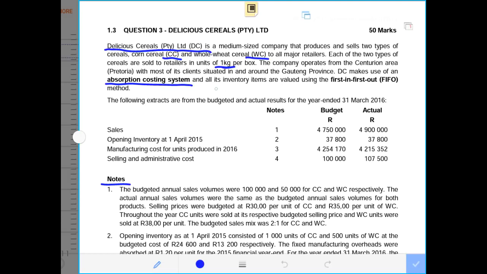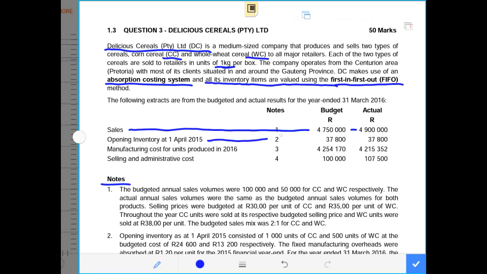Then after it says, and all its inventory are valued using the first in first out method, which is FIFO. And we are given the extract from the budgeted and the actual results for the year that ended 31st of March. So we have our sales, which is budgeted and actual.